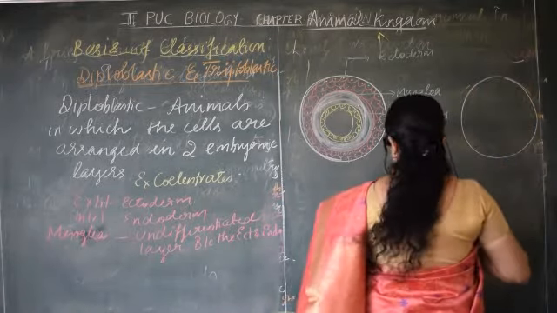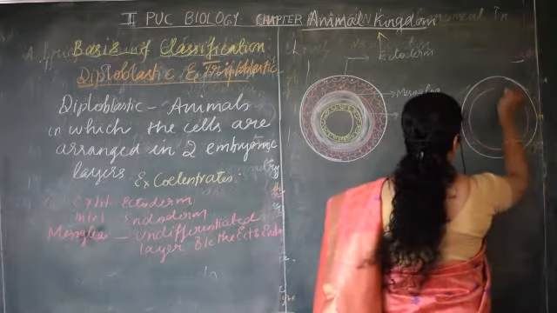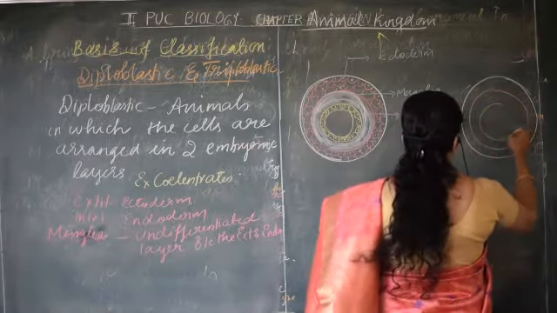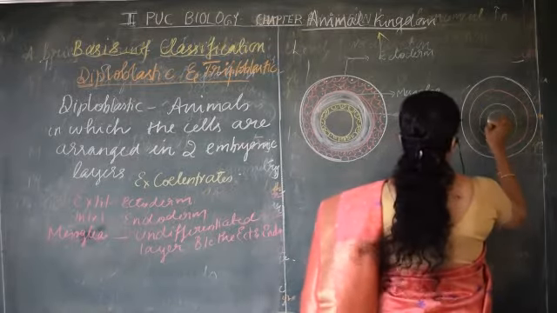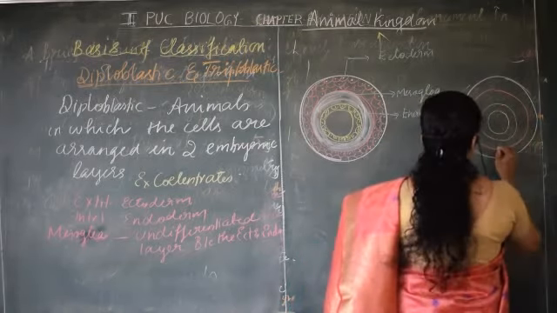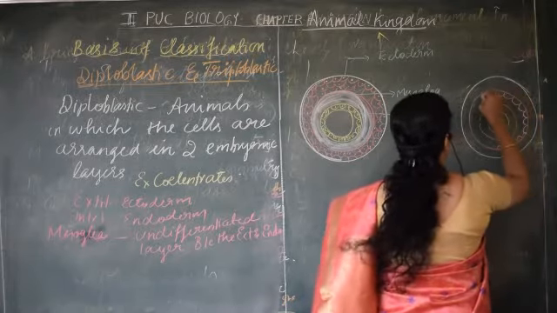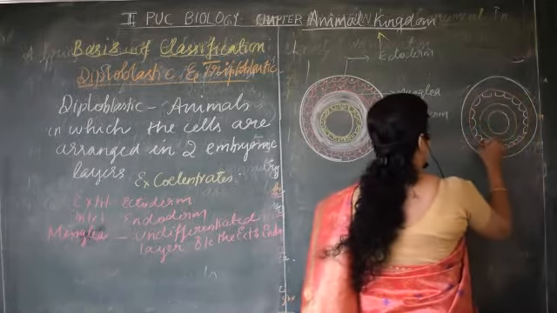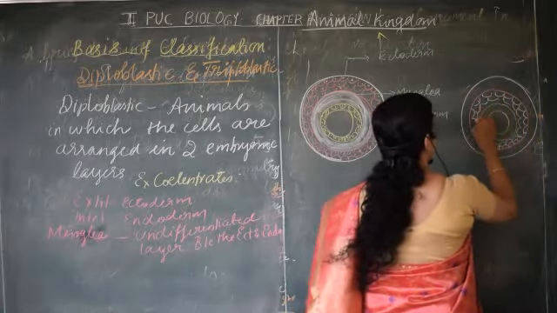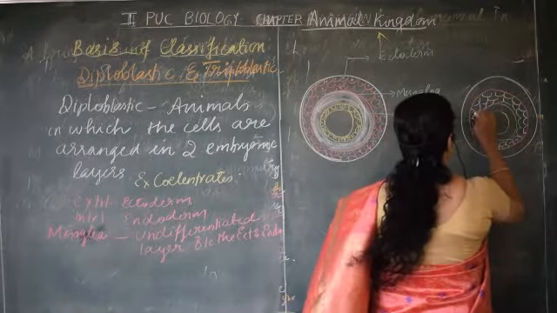but here we have to add one more structure, in between these you have to add one more layer. Because in the previous one, in diploblastic, this region was not filled with any cells, but here this region is filled with the cells called mesoderm.